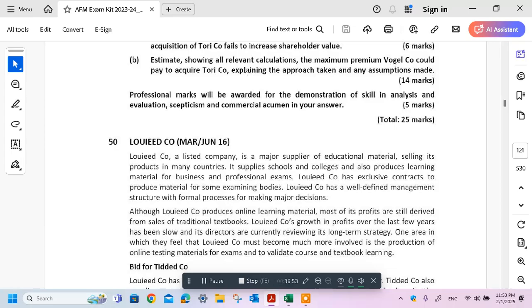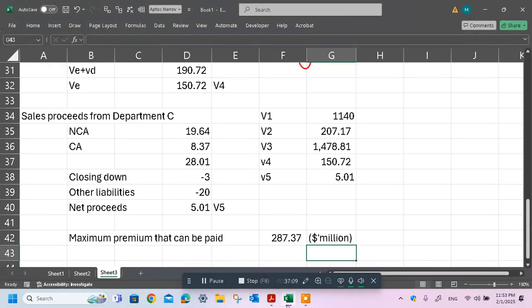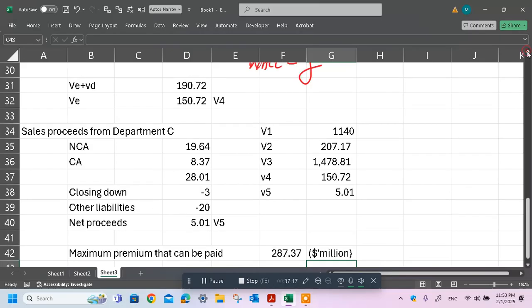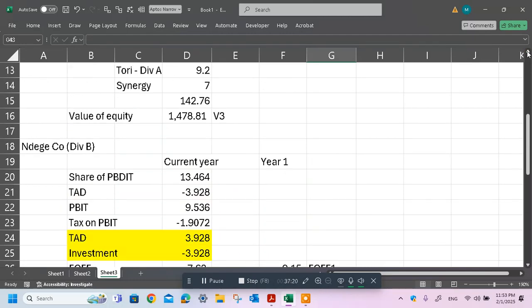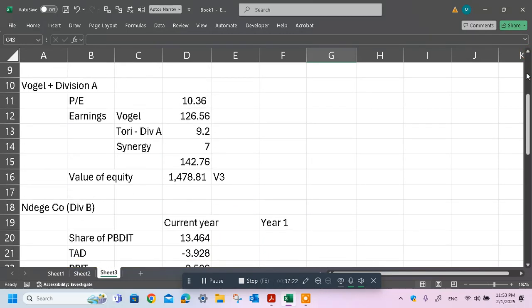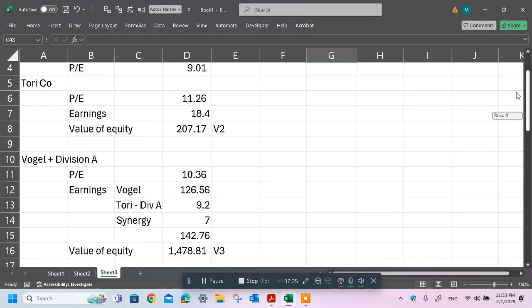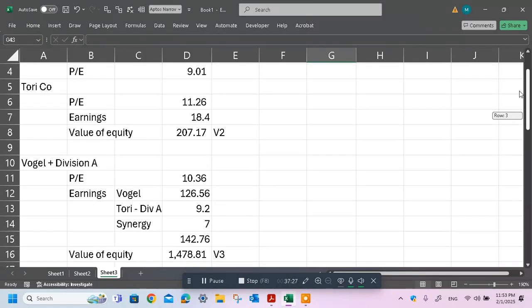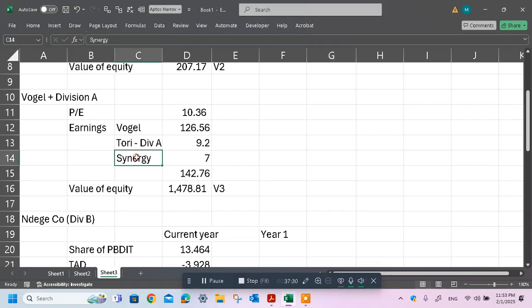Let's see, estimate, showing all relevant calculations, the maximum premium Vogel company could pay to acquire Tory company, explaining the approach taken and any assumptions made. Okay, you will have to explain a few assumptions there. So assumptions like the estimates are reliable, this 5.2% growth is sustainable forever, and then tax rates will be constant, cost of capital will be constant, and synergy values are reliable.